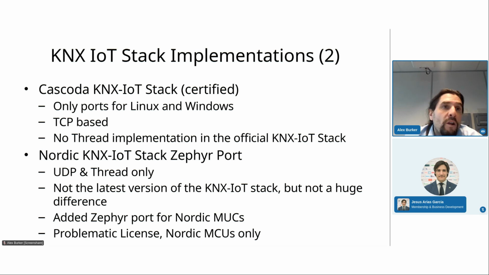And Zephyr runs on a lot of MCUs. So this would block the whole MCUs that could run Zephyr. So I hope that Nordic is changing that back to the Apache 2 license, which the whole other stack is. And to get an idea, the whole Cascoda stack is about 30,000 lines of code, and the port to a specific platform is around 300 lines of code.